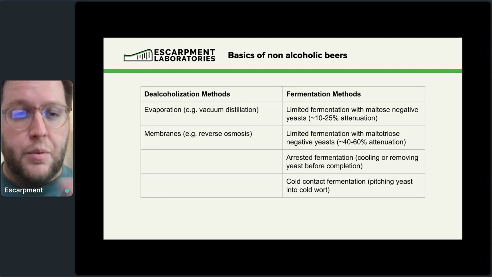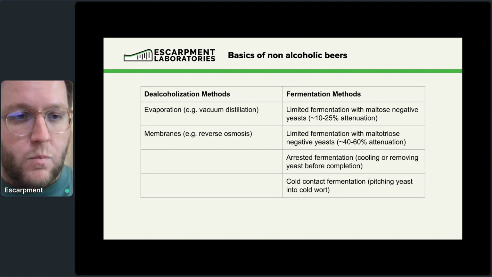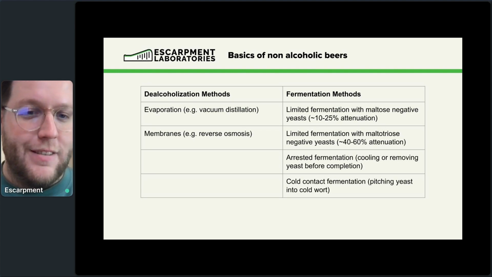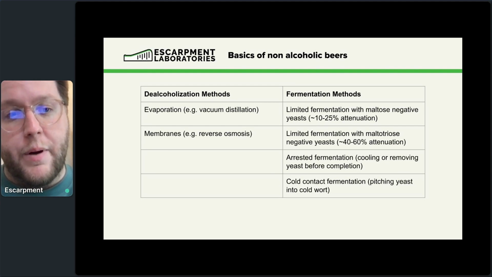Sometimes there's also like a little bit more nuance than that. Like maybe you have a few different outputs that are getting blended to match tastes and things like that. But the basic premise here is you're taking beer, you're putting it through a membrane, and you're separating out the alcohol, removing the alcohol, and ending up with a beer that is low alcohol.